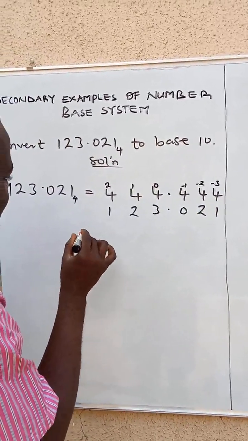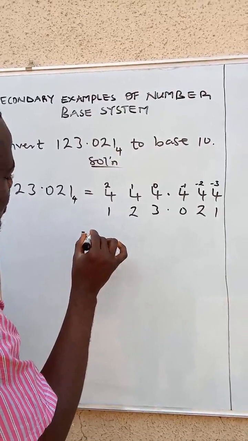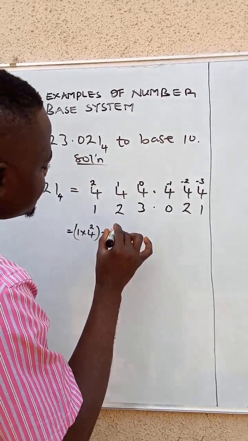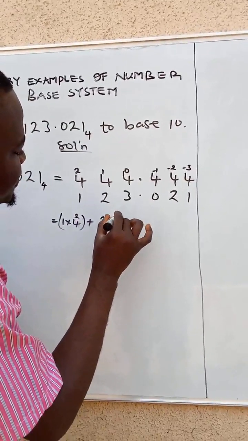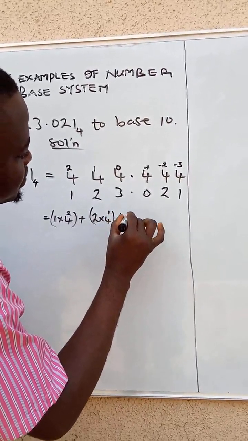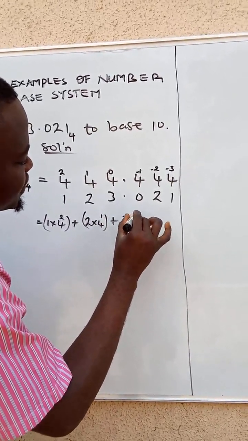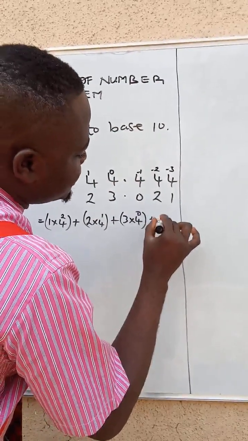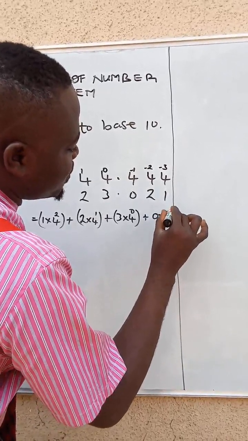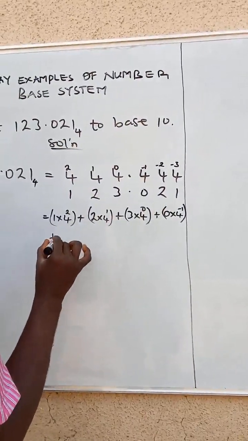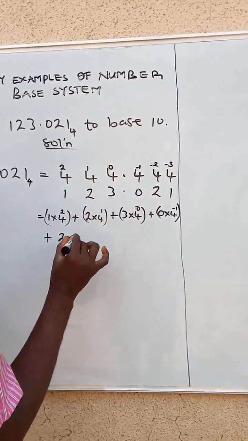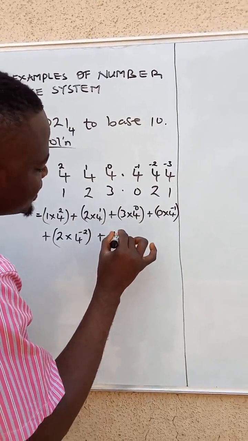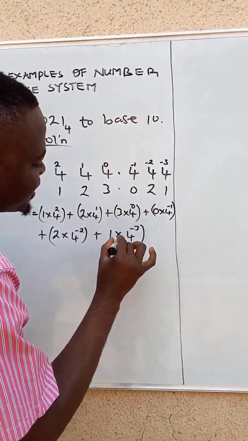So it's the same thing as saying what? 1 times 4 raised to power of 2, plus 2 times 4 raised to power of 1, plus 3 times 4 raised to power of 0, plus 0 times 4 raised to power of -1, plus 2 times 4 raised to power of -2, plus 1 times 4 raised to power of -3.